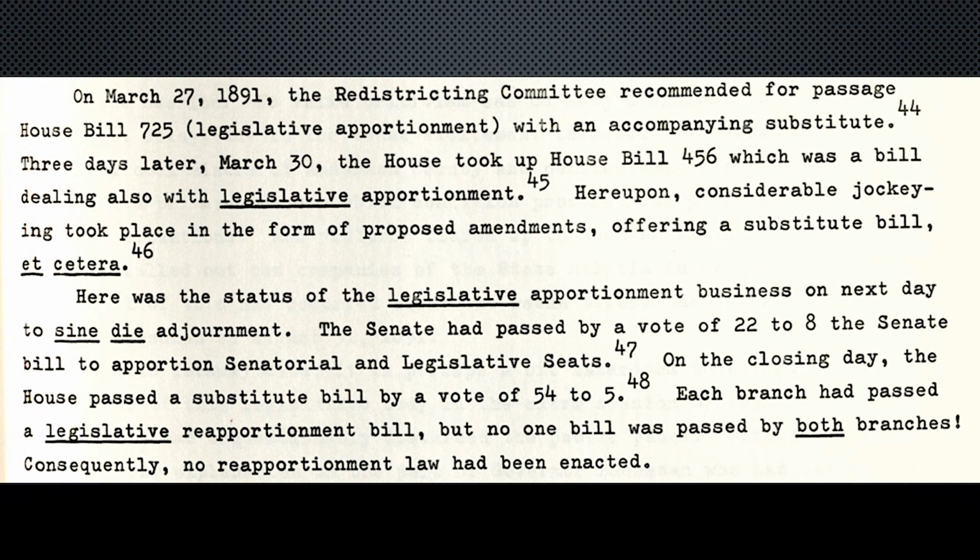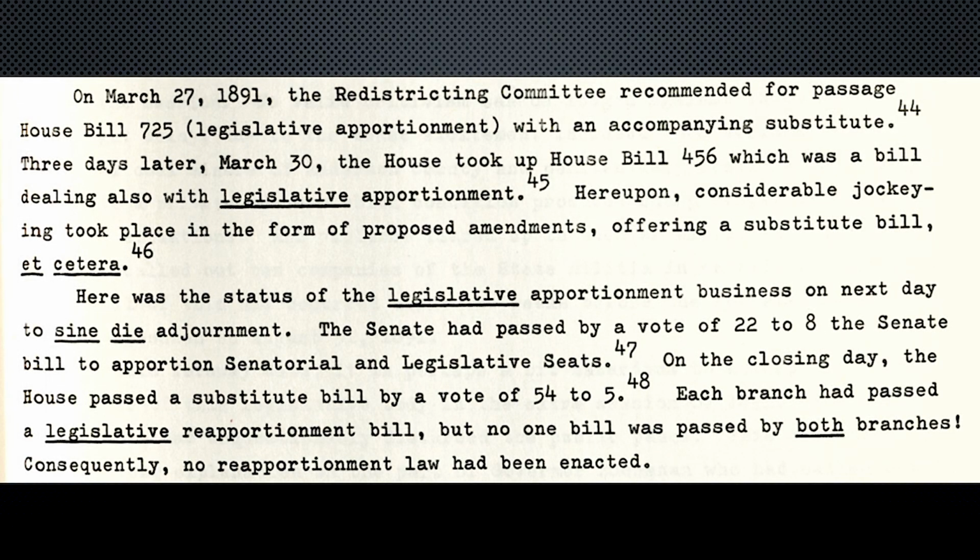On March 27, 1891, the Redistricting Committee recommended for passage House Bill 725, Legislative Apportionment, with an accompanying substitute bill. 3 days later, March 30th, the House took up House Bill 456, which was also a bill dealing with legislative apportionment. Hereafter, considerable jockeying took place in the form of proposed amendments, offering a substitute bill, etc. Here was the status of legislative apportionment business on the day before sine die adjournment.